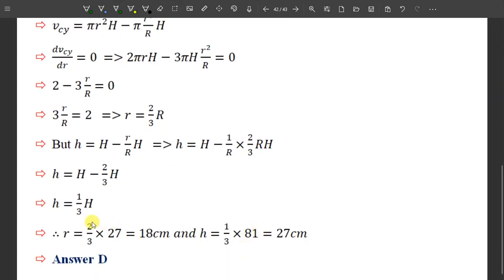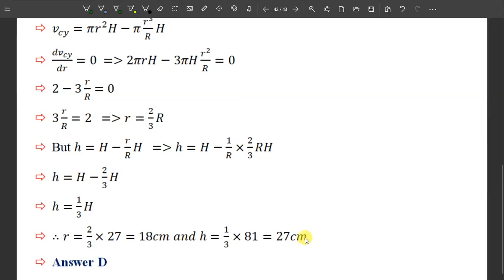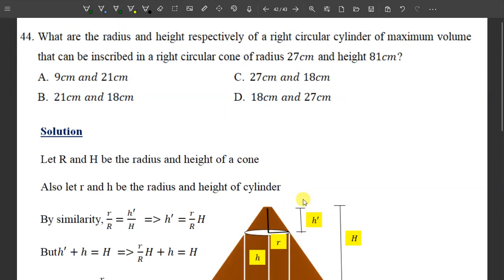and therefore simply replace capital H by 81, and 1 over 3 times 81 is going to be 27 centimeters. Therefore the inscribed circular cylinder with maximum volume in this cone has a radius of 18 centimeters and a height of 27 centimeters.